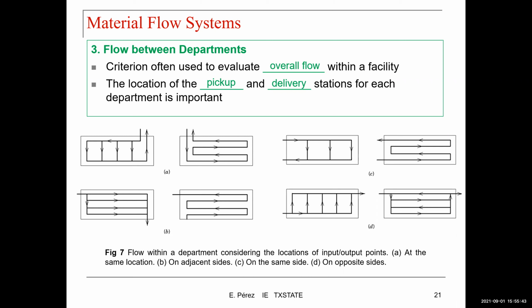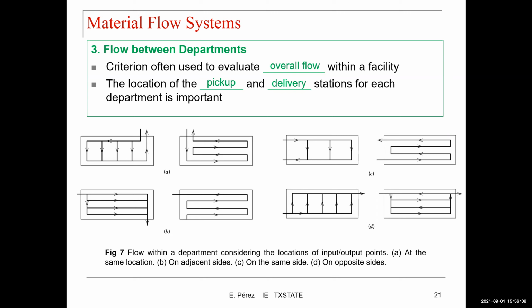So that's why we need to take into account the location of the pickup and delivery stations for each department. In this example, your flow is starting in the same place where the flow is ending. That will be the case, for example, if you have to take this component within this department and then bring it back to the previous department.